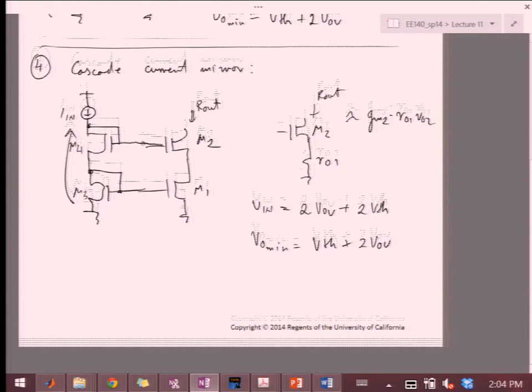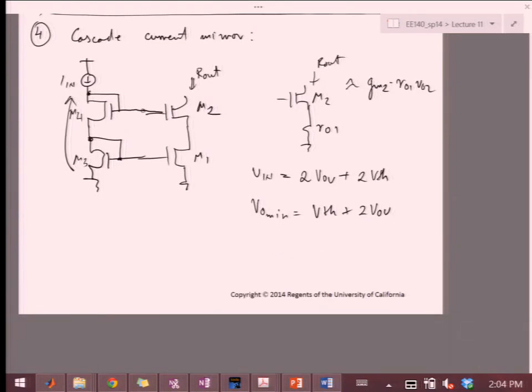Okay? And then what is the gain error? So that's something like lambda, and I'm looking where the mirroring is happening. So it's VDS1 minus VDS3.